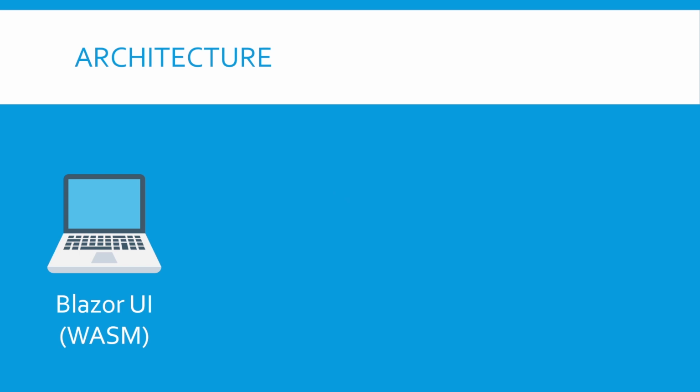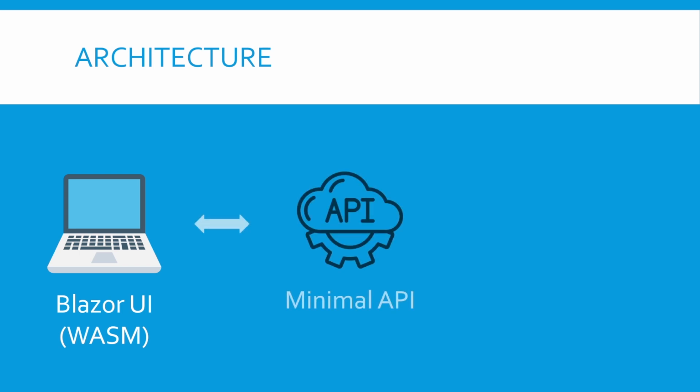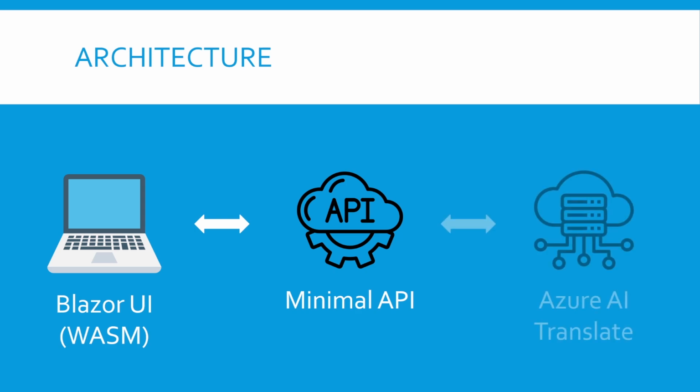Now, a quick word about architecture. So we're going to be building the UI for our app in Blazor WebAssembly, just pure client-side WebAssembly, nothing on the server side in terms of Blazor, so that should be pretty straightforward. And our UI is going to communicate with a small minimal API that has a couple of endpoints to manage some of our data and talk to our Azure Translate service, which is the last piece of this, that Azure AI Translation service.